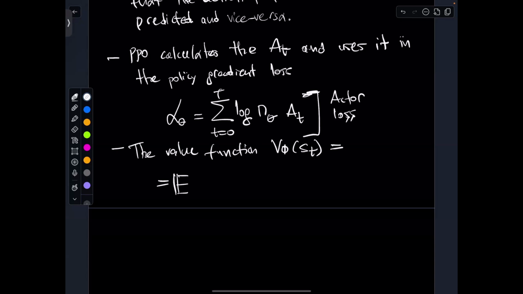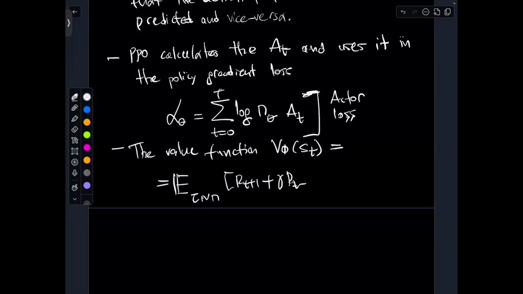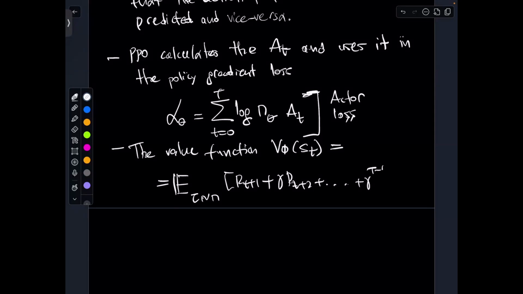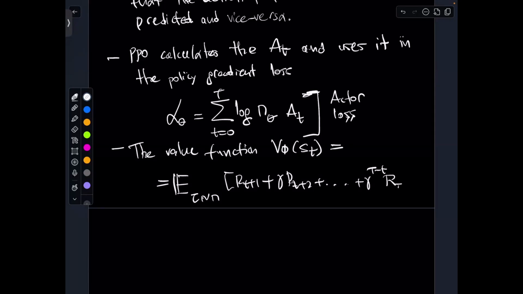But over here we do not have an MDP, we have some form of Monte Carlo going on. It is the expectation over a trajectory sampled based on this policy pi of R_{t+1} plus gamma R_{t+2} plus dot dot dot plus gamma^{T-t} R_T.